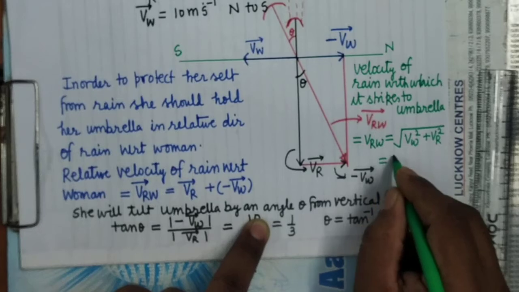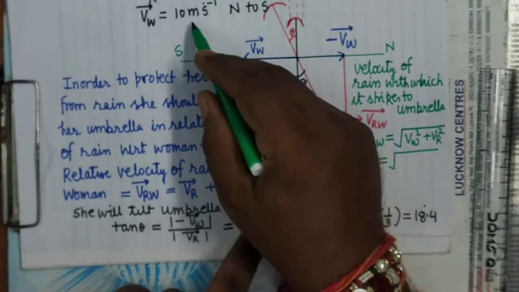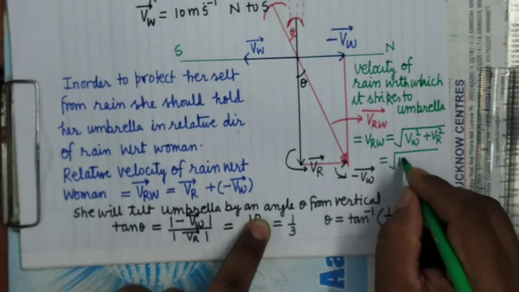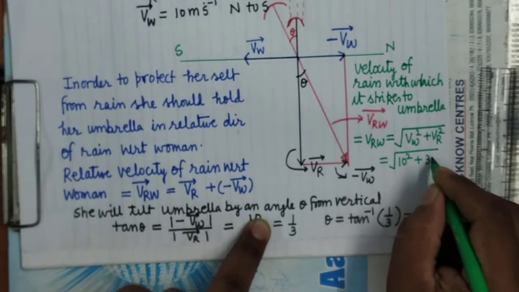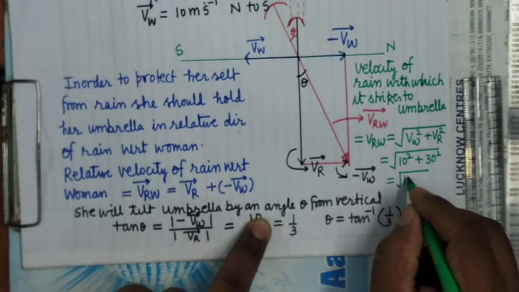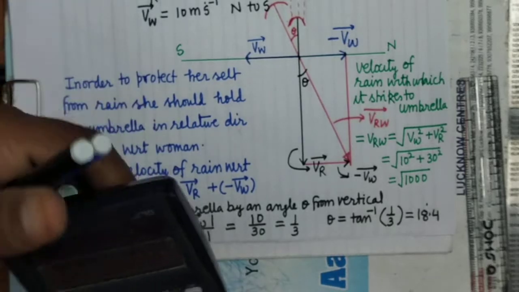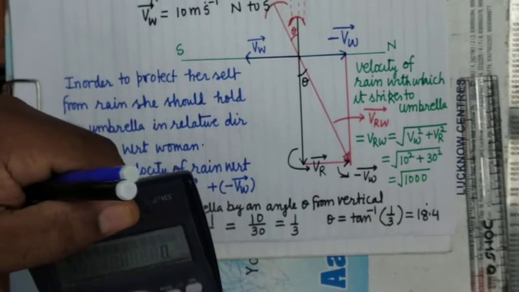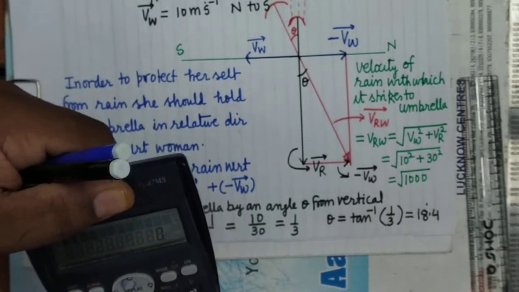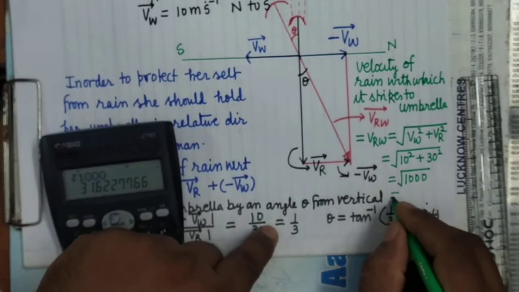What is VW square? VW is 10. So 10 square plus 30 square equals 1000. When you calculate it, it comes out as square root of 1000, so it is 31.6 meter per second.